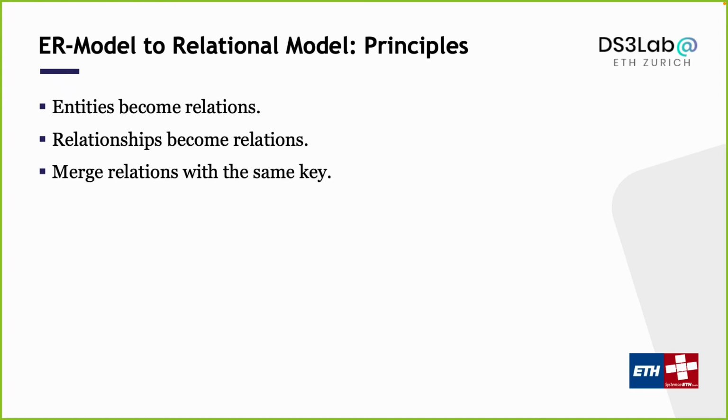Then whenever you have relations that share the same key, you can merge them. We are going to look at why that happens. There are some special considerations you need to take for generalization and for weak entities, but this is the principle. It's very easy as a principle, but let's look at different corner cases when you apply all those principles.